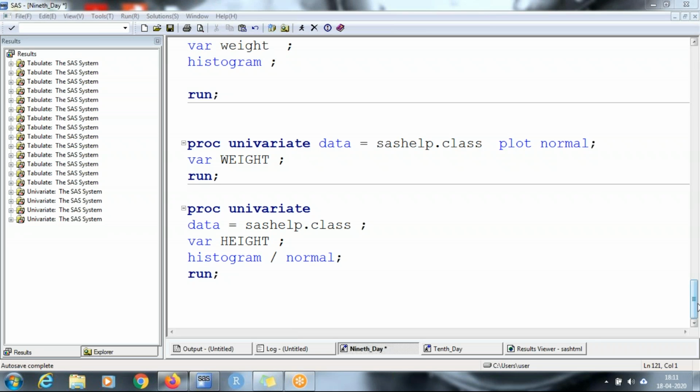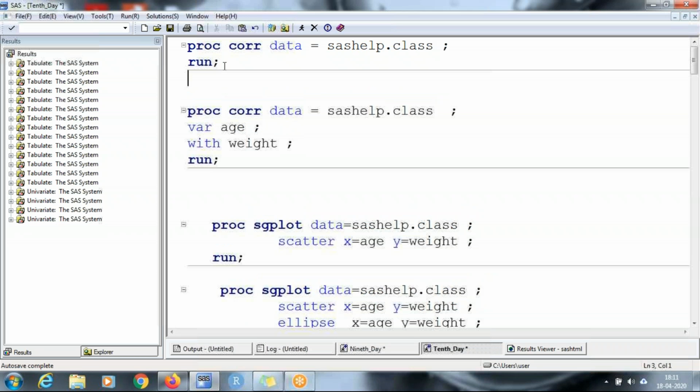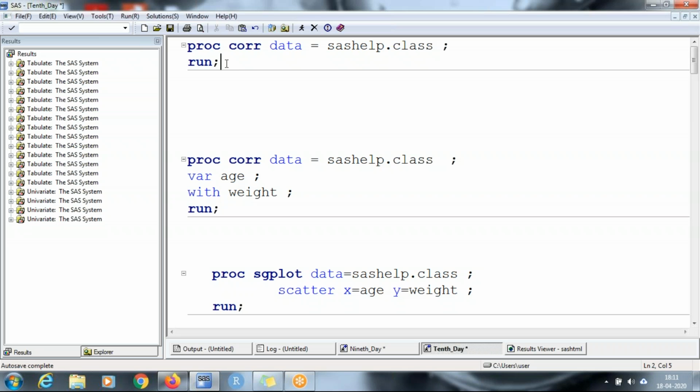All right, so this is our proc unit, a simple procedure that contains a lot of information. So let's move on to the next procedure, which is your very familiar COR, which stands for correlation.